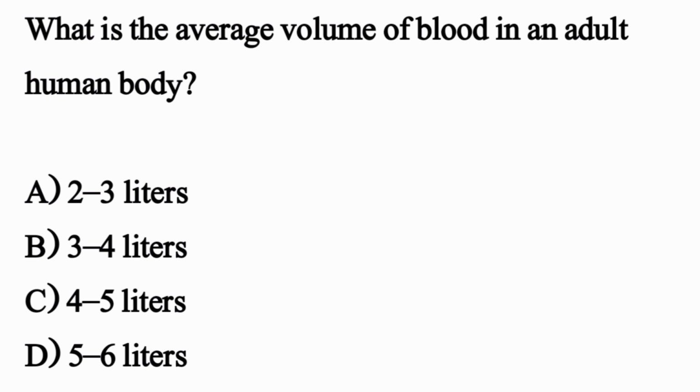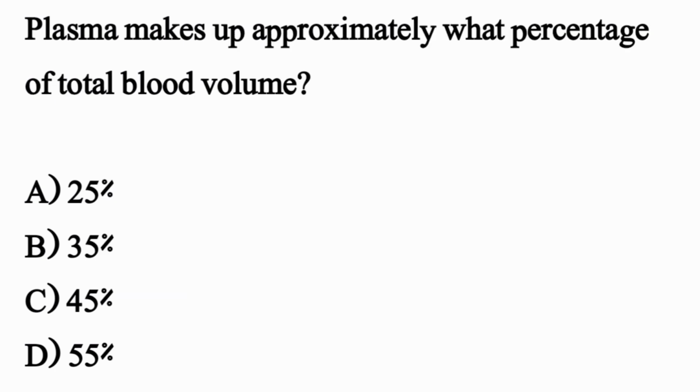The right option is option C, 4 to 5 liters. Plasma makes up approximately what percentage of total blood volume? The right option is option D, 55%.